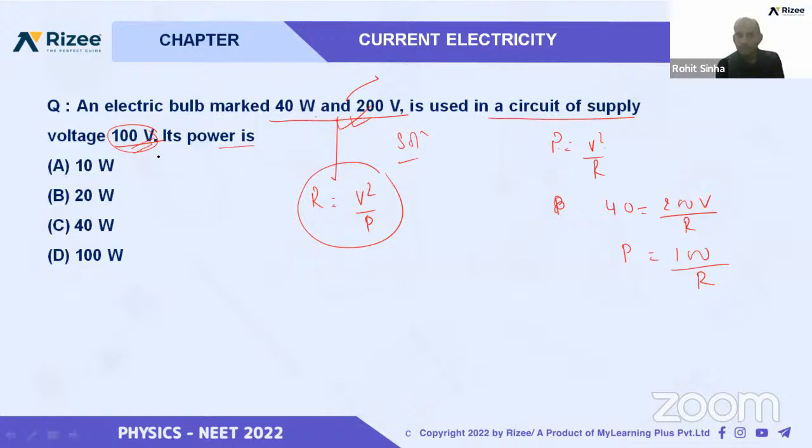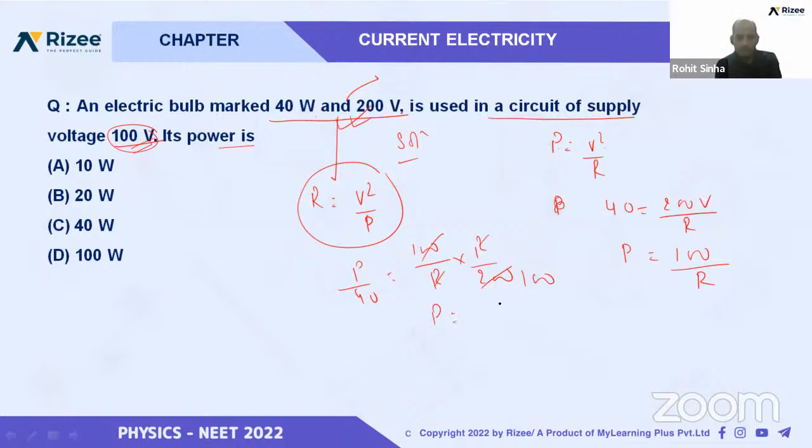So if we divide both of them, what will happen? P by 40 is equal to 100 by R into R by 200. You can solve it, and you will get the answer.